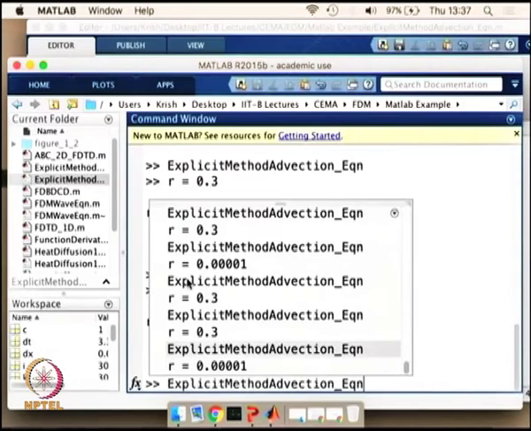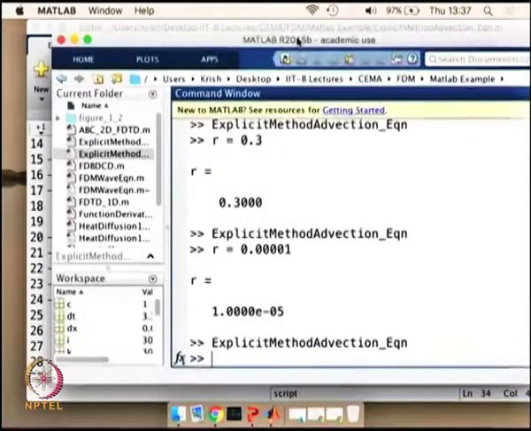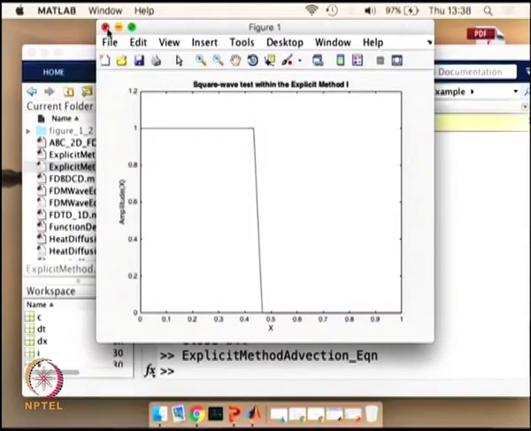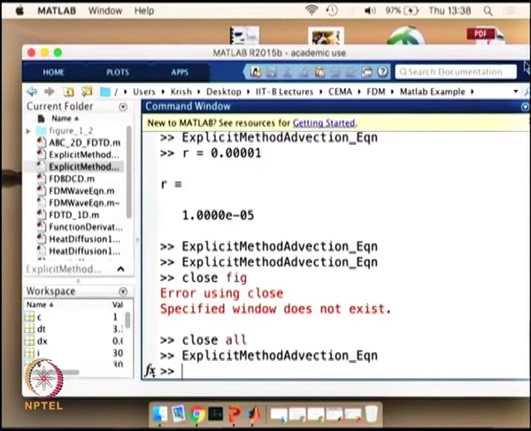Once you do that, you start to see the solution coming closer and closer to the expected solution, where the square wave is being replicated by the numerical method and the result is correct, but of course we have to go very low in R value. So as we said, we are going to change this situation and use a different method, the Lax method.